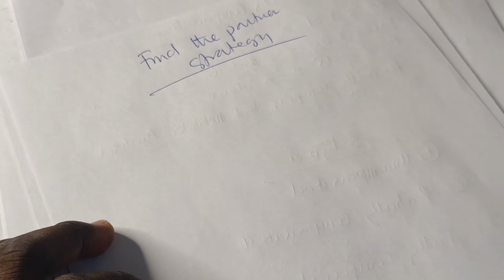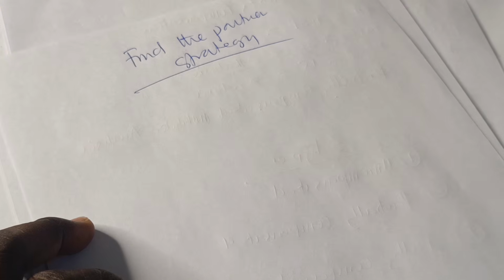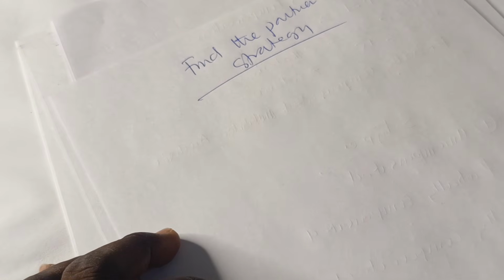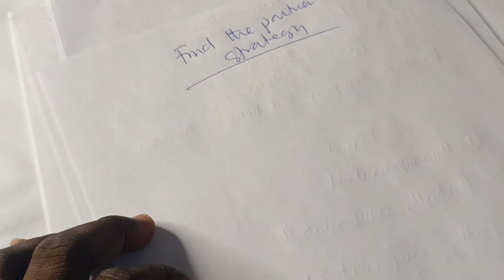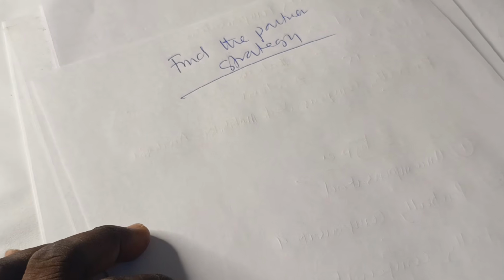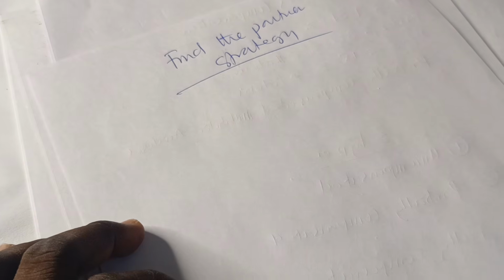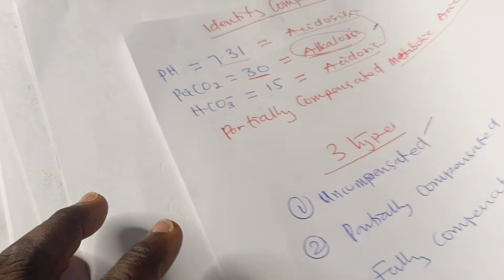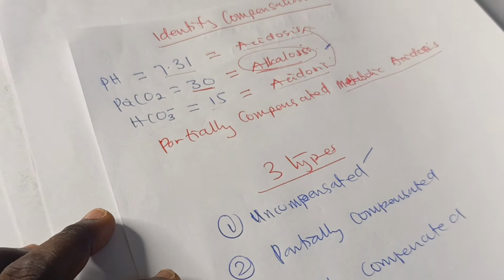So if the pH is acidic, find which value is also causing the acidosis. Again, if the pH is telling you it is acidic, find which value is also causing the acidosis. If the pH is alkaline, find which value is also causing the alkalosis.